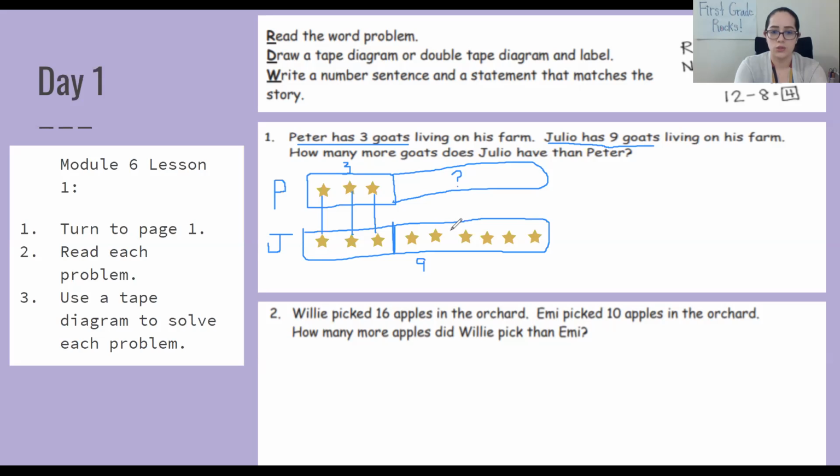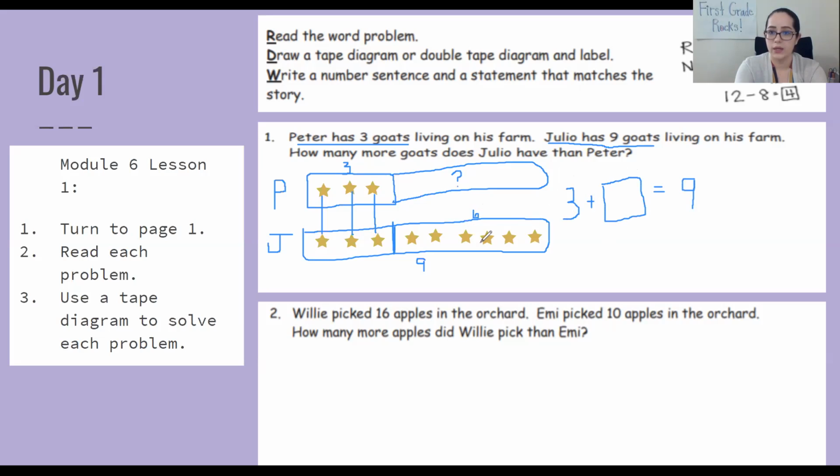So 1, 2, 3, 4, 5, 6. He has 6 more. So now I'm going to write my number sentence to match. So they both have 3 plus some more gave Julio 9.